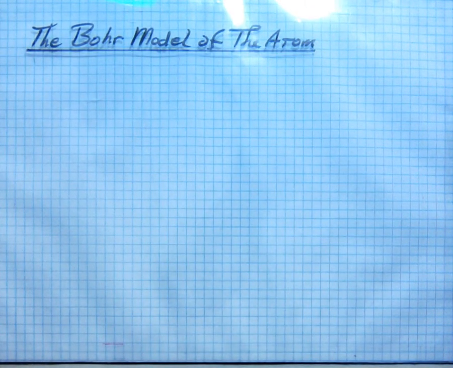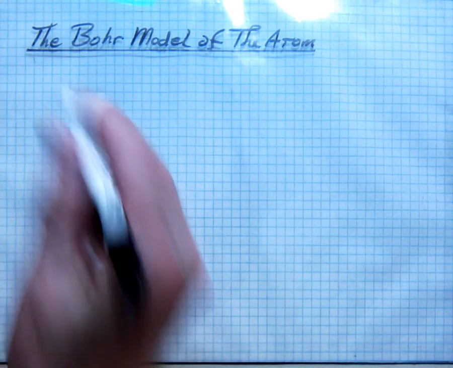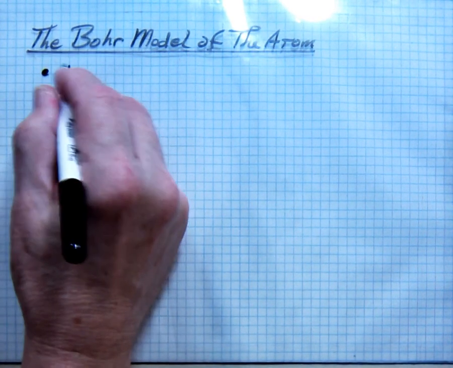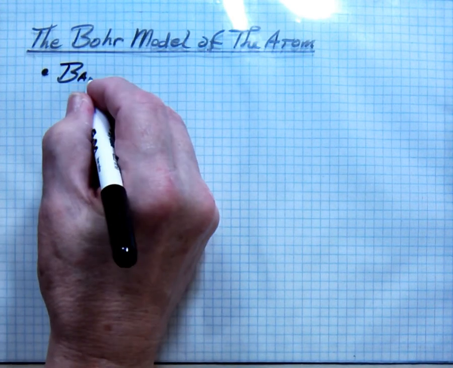Now, the Bohr model was based upon analysis of bright line spectra. So that's the first thing you need to note.